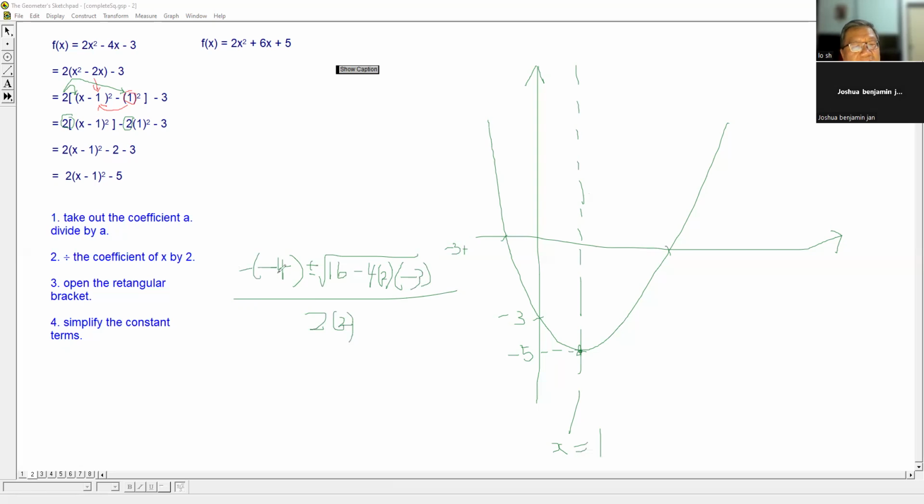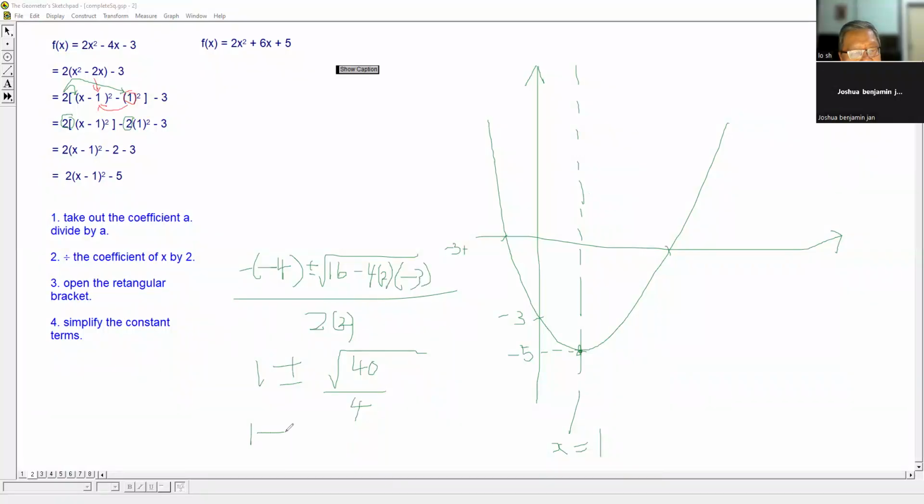So negative becomes positive. Positive 4 divided by 4 is 1, plus or minus square root of this one is 8. 8 times 3 is 24, 24 plus 16, 40, sorry, 40 divided by 4.